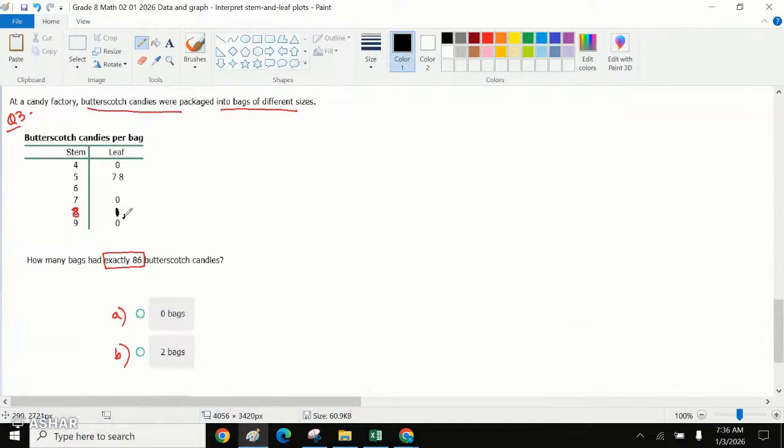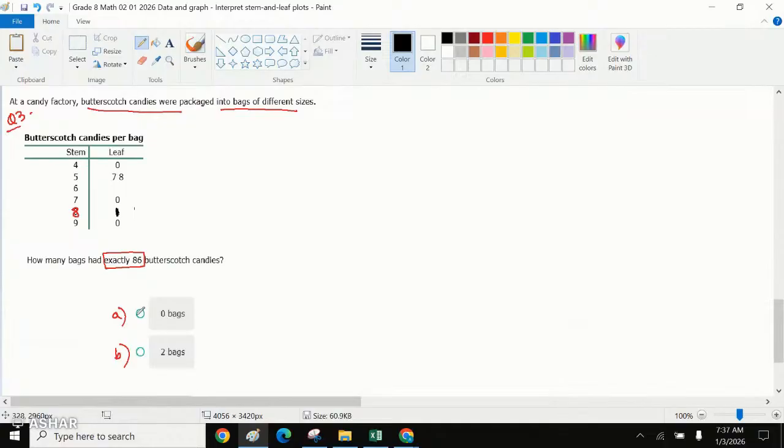We do not have 86, right? We do not have 86 as an option because 6 is not there. That means having a bag which has exactly 86 butterscotch candies would be how many bags? Yes, 0 bags. Good. But we need to pick up the correct option. Since it's an MCQ, that means the correct option is A or B. Can anyone give me the answer?